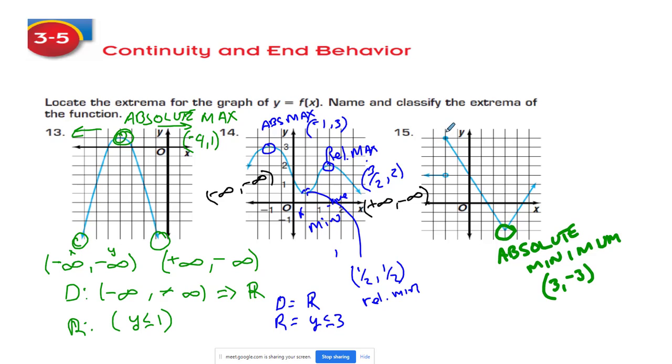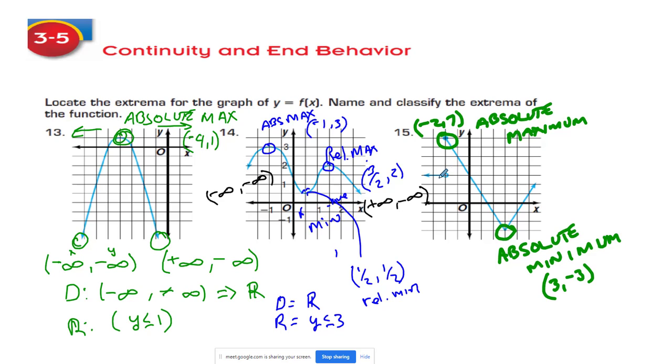We also have an absolute maximum right there at that point, which is negative 2, 1, 2, 3, 4, 5, 6, 7. So at negative 2, 7, we have an absolute maximum. So it's okay to abbreviate abs max and abs min, rel min, and stuff like that.